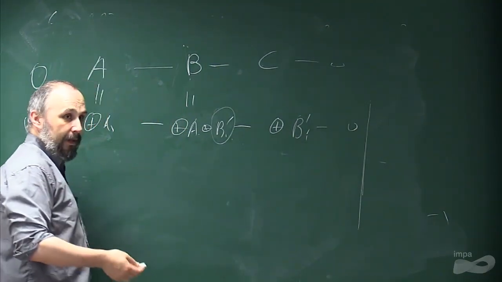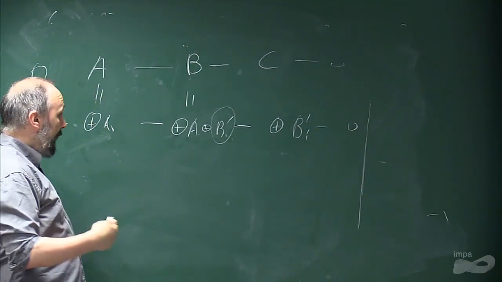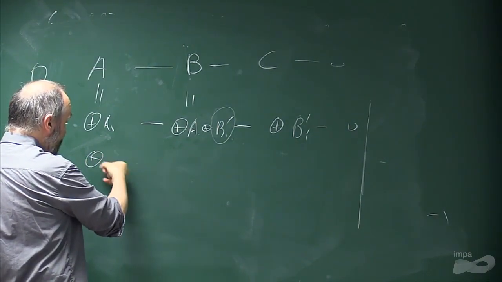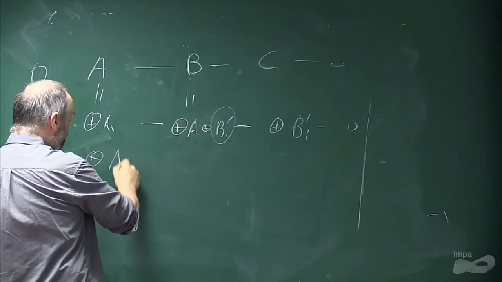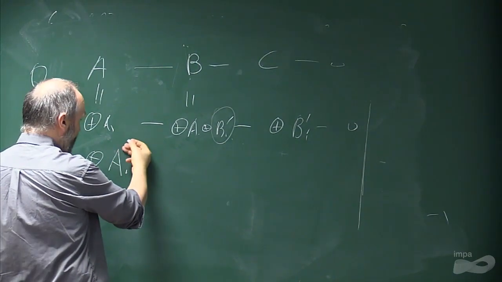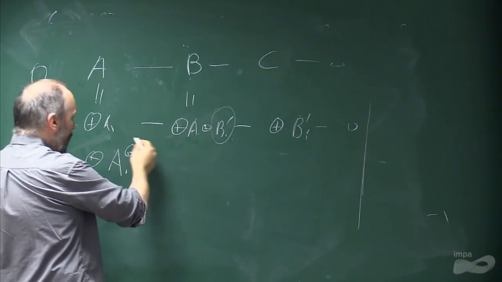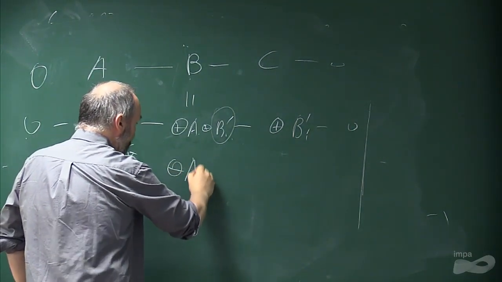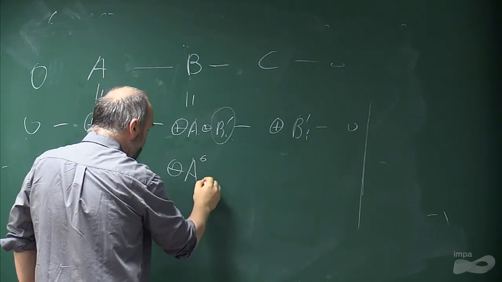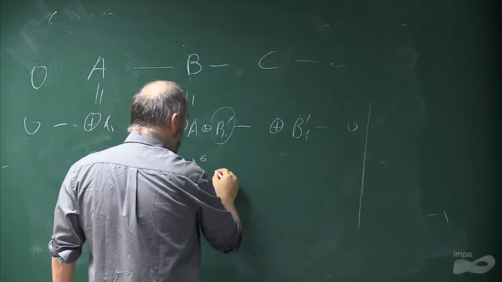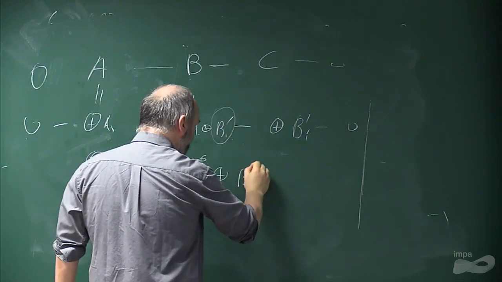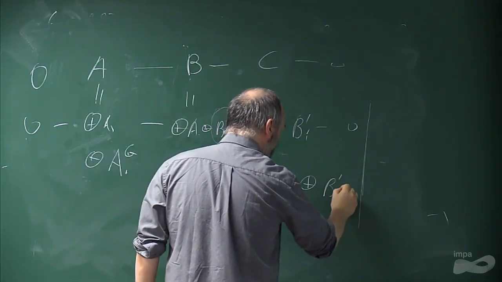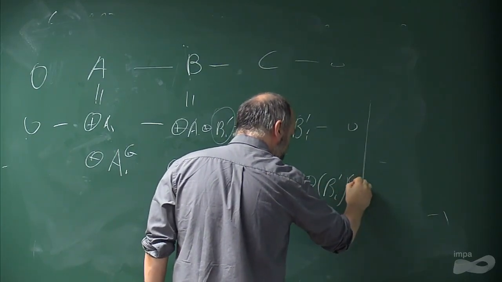Okay, now we apply our functor, invariants or co-invariants, doesn't matter. This will be a direct sum of all trivial representations, A_i^G. They are either 0 or non-zero, but then you will have the same A_i^G plus B_i prime^G, and here we'll have the direct sum of B_i prime^G.